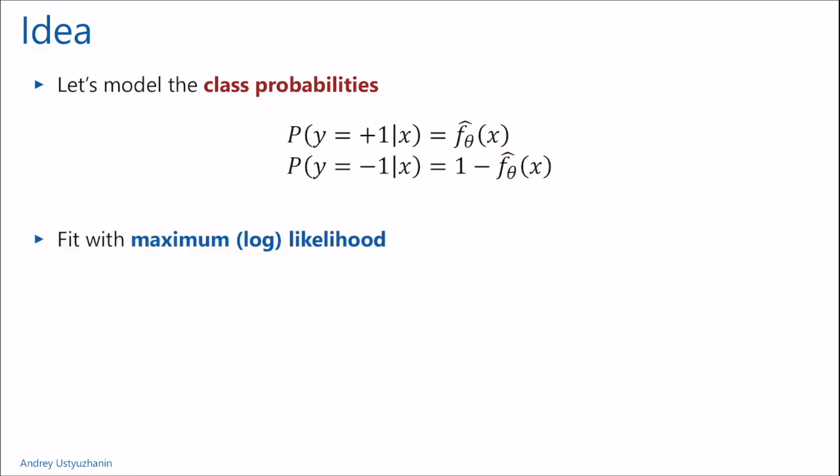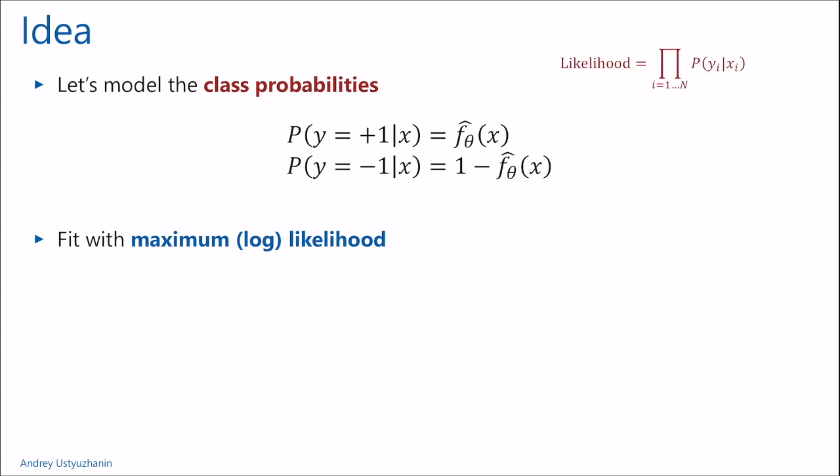And for this, we can apply a technique that is called maximum log likelihood. So it is a little bit different from optimization technique that we looked at previously, or approach that instead of minimizing error, it maximizes the likelihood of the probabilities being selected correctly.